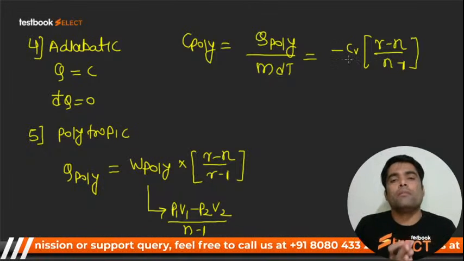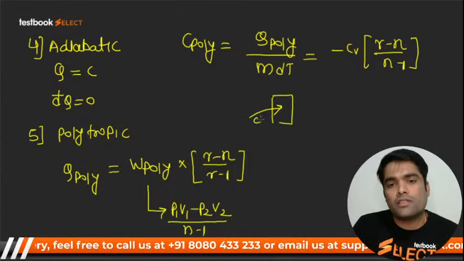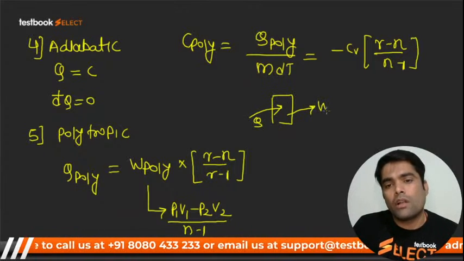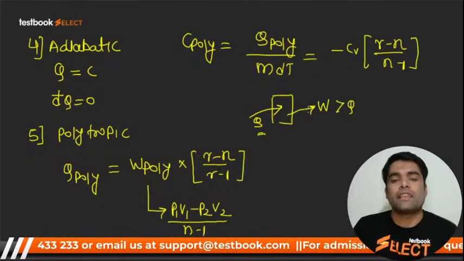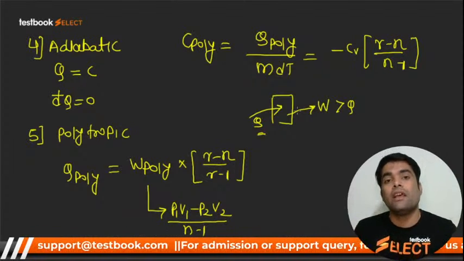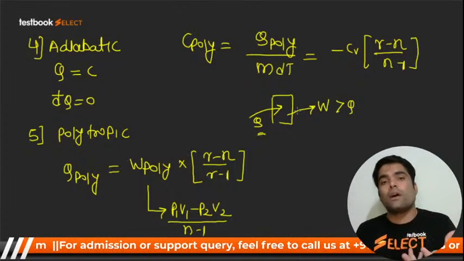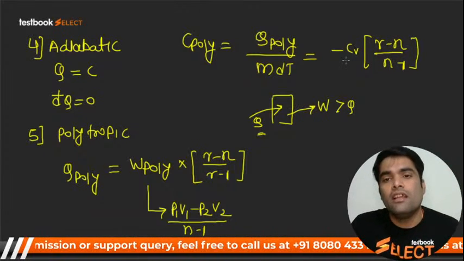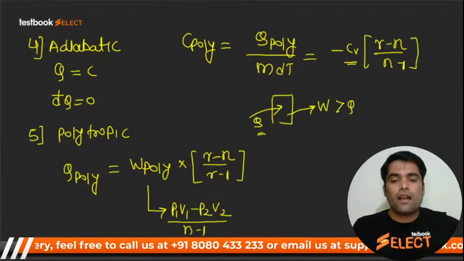It's negative means whatever the amount of heat you have supplied to this system, and whatever the work you have got, that will be greater than this Q. And this extra work came at the cost of internal energy. That's why internal energy has dropped. Even though you are adding heat, still the specific heat has decreased. I hope you got it now.